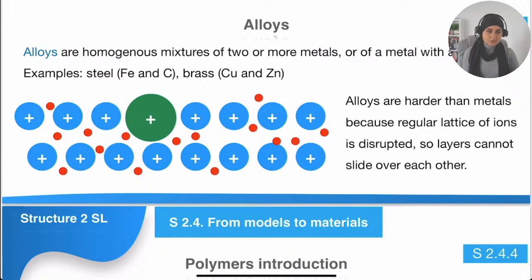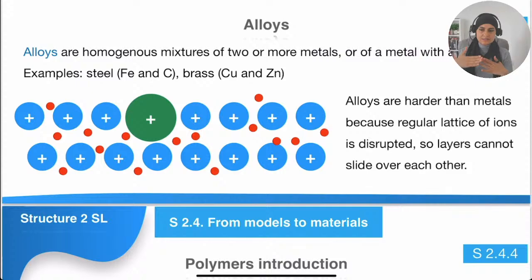So alloys are harder than metals because their regular lattice is disrupted and layers cannot slide over each other. Imagine you have a regular lattice of iron and you introduce some carbon or some other metal into it. That other atom would have a different size, so now the lattice is not regular, and since it is not regular, it would not be able to slide.